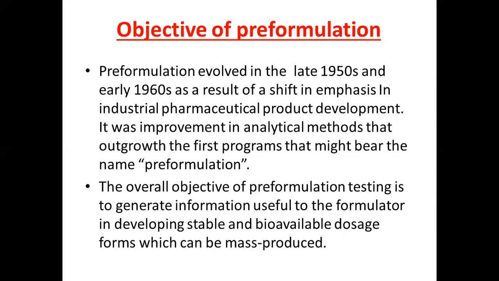Before this, there was less concept of these pre-formulation procedures, and it was improvement in the analytical methods that was the outgrowth of the first programs that might bear the name pre-formulation.